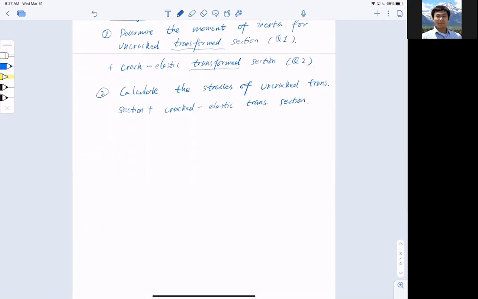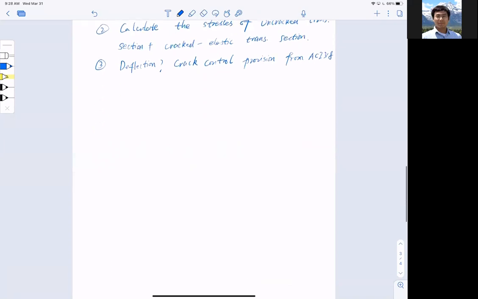And last but not least, we need to be able to calculate deflection and also the crack control provisions from ACI 318. These are something we need to take care of.